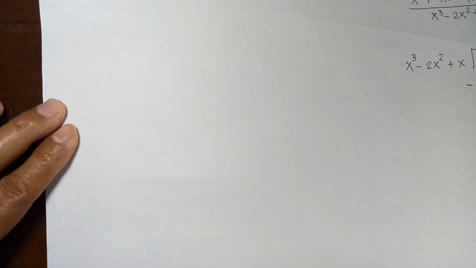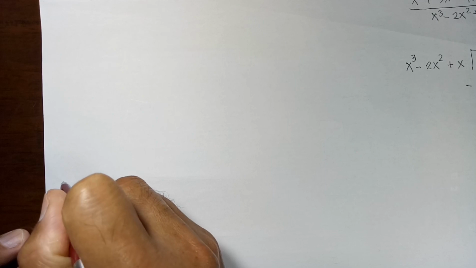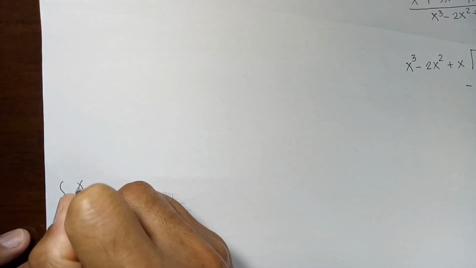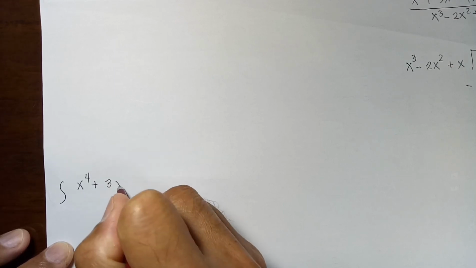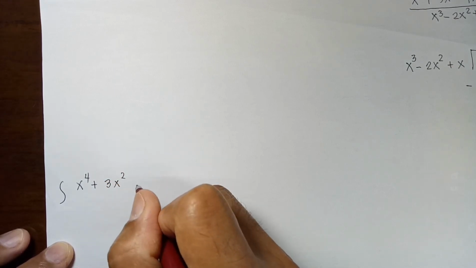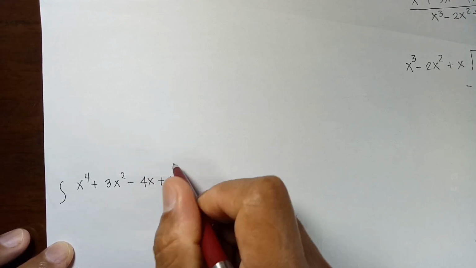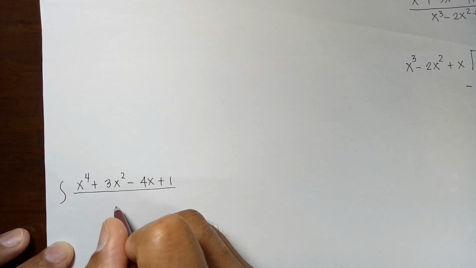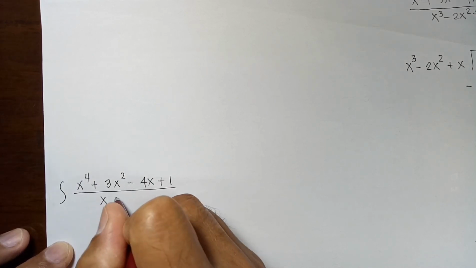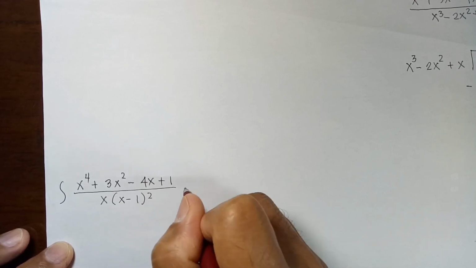So the problem is we have the integral of x to the fourth plus 3x squared minus 4x plus 1 divided by x times x minus 1 squared.